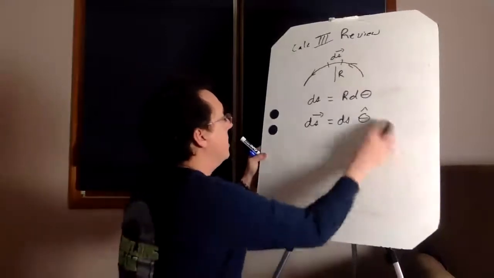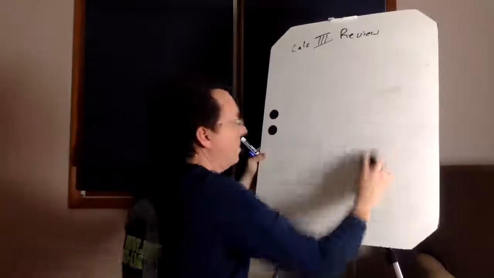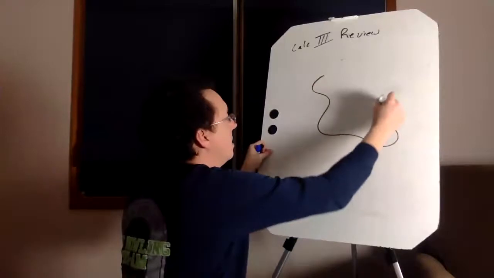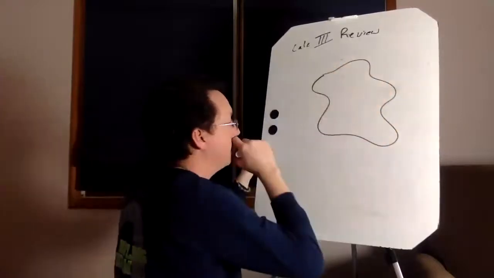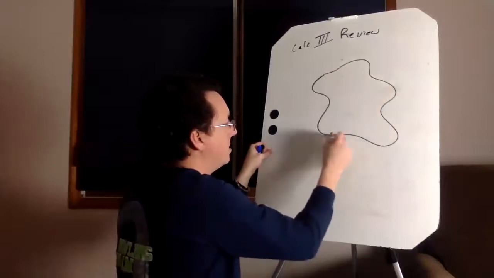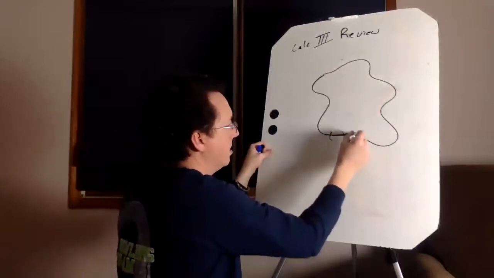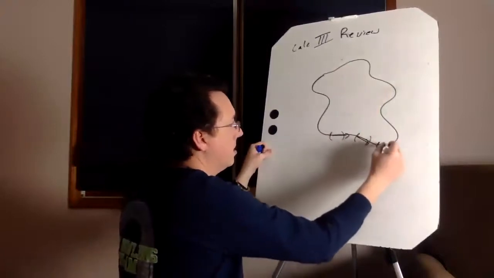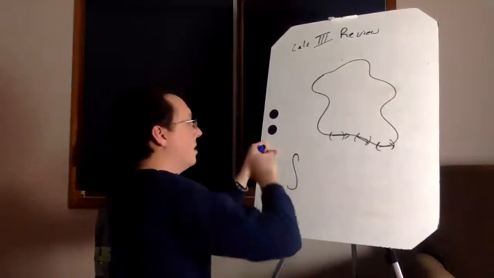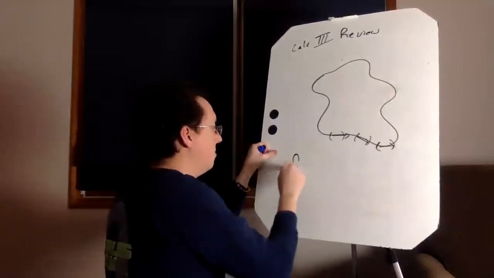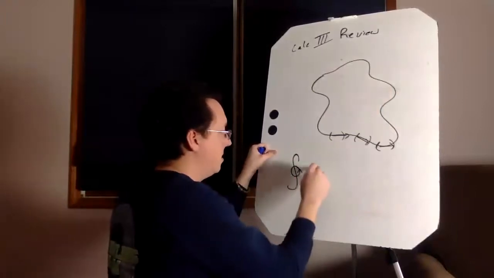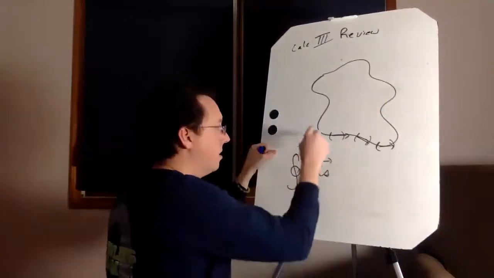One last little thing I wanted to point out is that if you had any arbitrary closed path and you were to break it up into little segments, and if you were to integrate around this orientable closed path, ds vector, what would that mean?